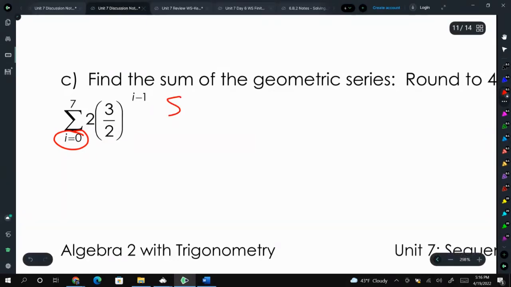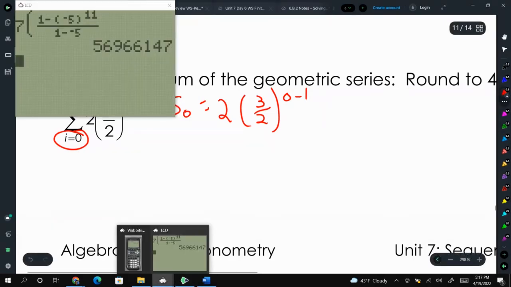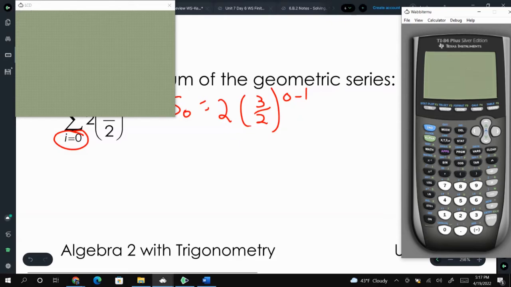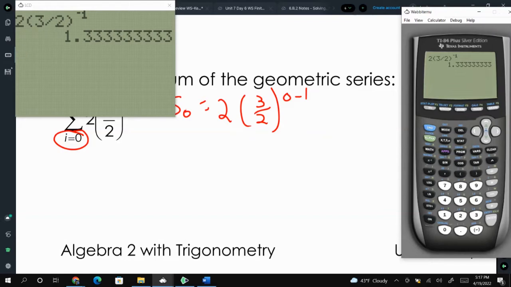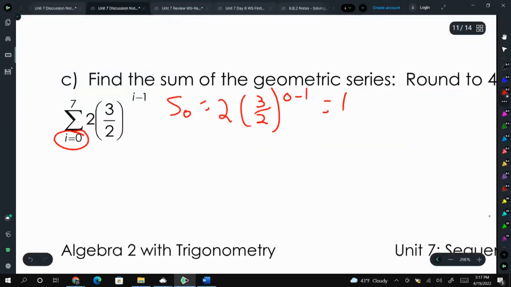Since we're starting at 0, we actually need to find what s of 0 is. So 2 times 3 over 2 raised to the 0 minus 1 power. We can calculate that. 2, and then in parentheses, 3 divided by 2 raised to the negative 1 power. We get 1.33.